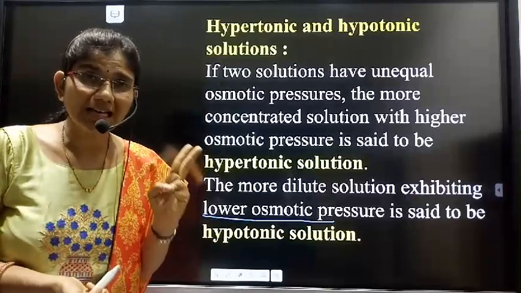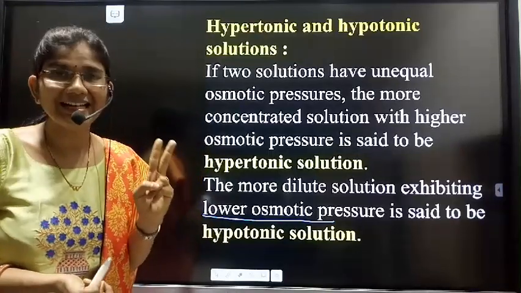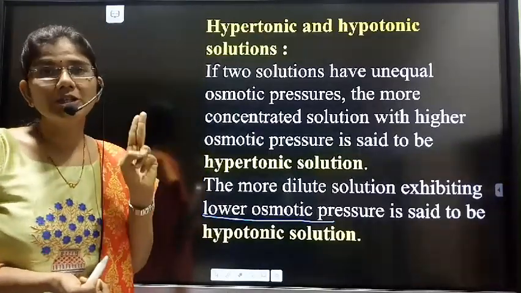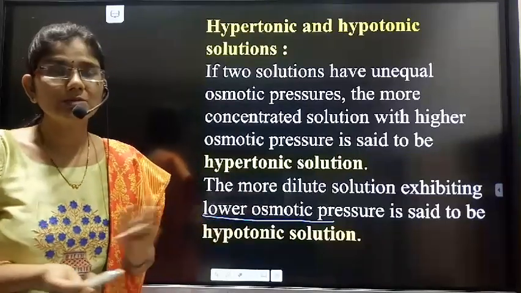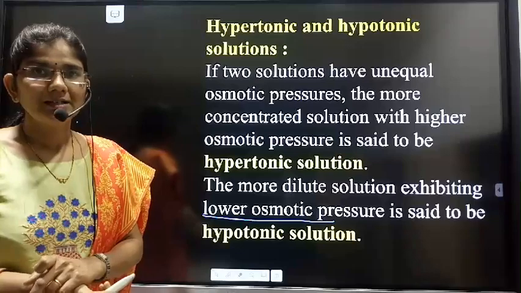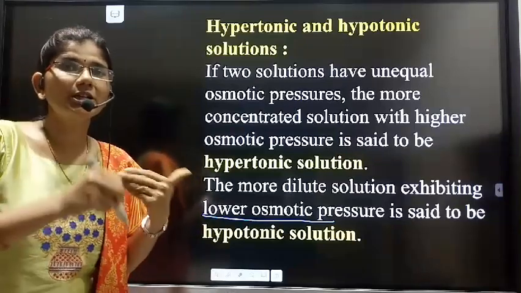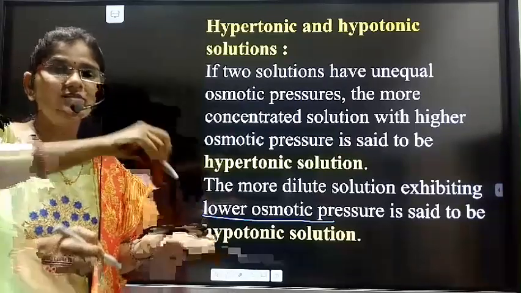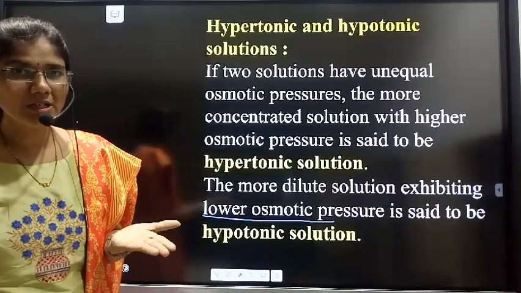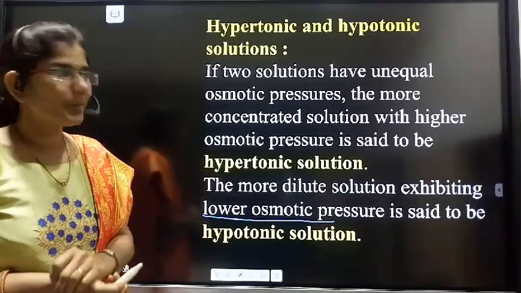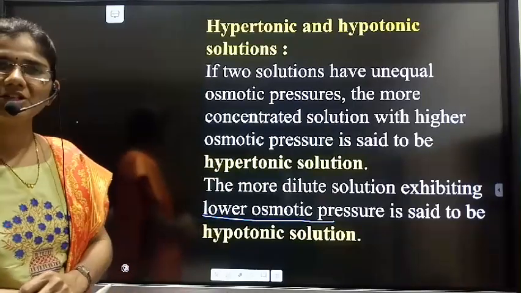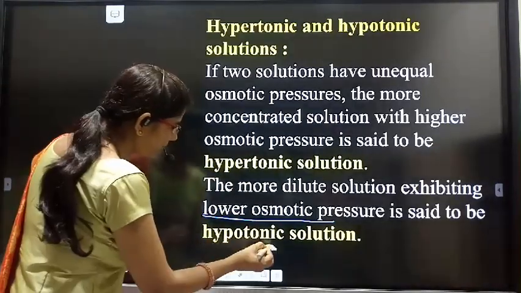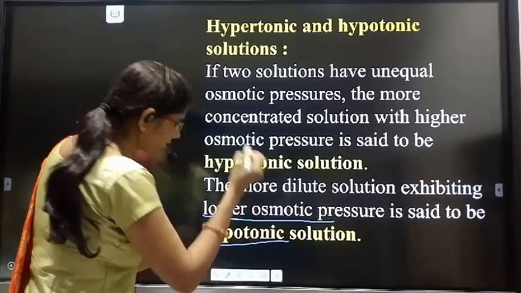If the two solutions have the same osmotic pressure, then they are called isotonic solutions. And if the two solutions have unequal osmotic pressure, then the solution with higher osmotic pressure is hypertonic with the other, and the solution with the lower osmotic pressure, meaning the more diluted solution, is said to be a hypotonic solution.